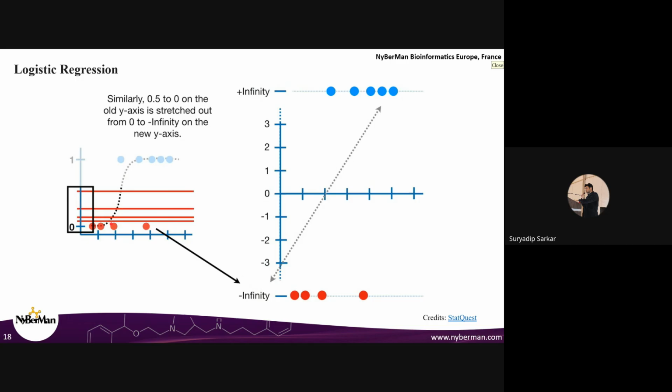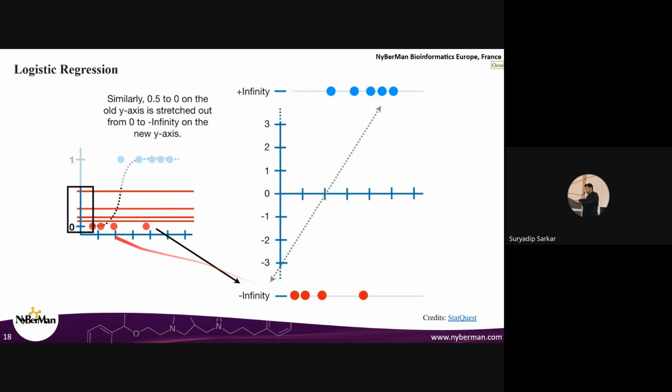So how did we convert this probability scale to the log odds scale? We use something called the logit function, which is log of p divided by 1 minus p, and we do it for each and every possible value of p, and we come up with this scale.